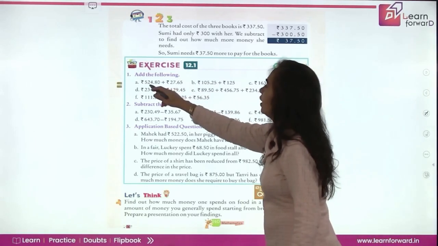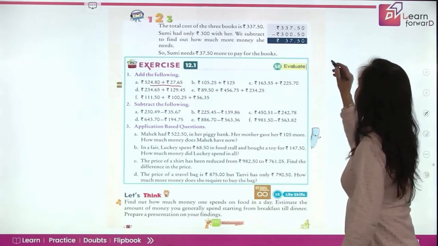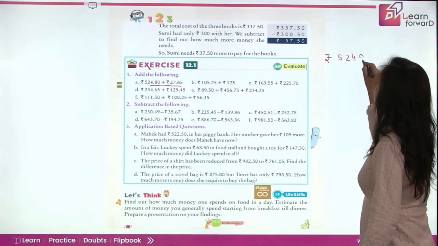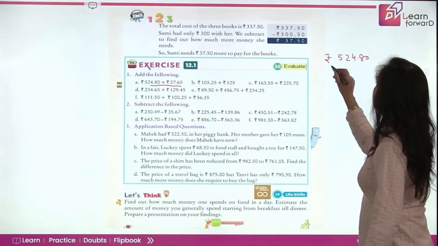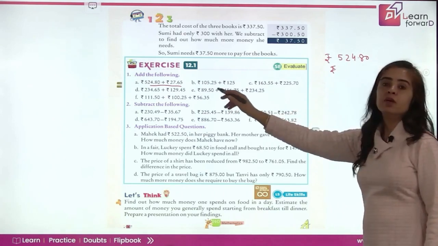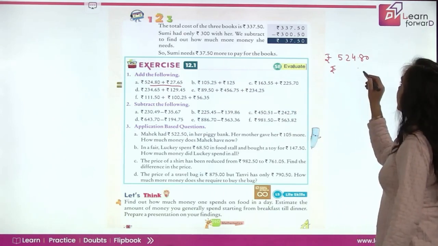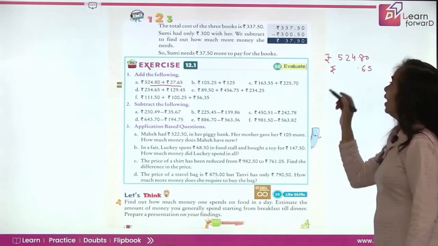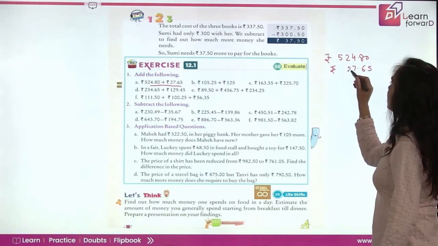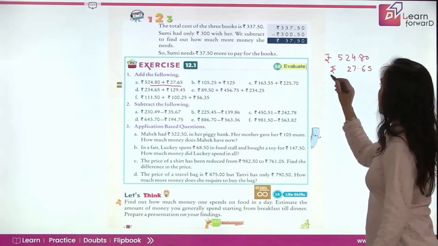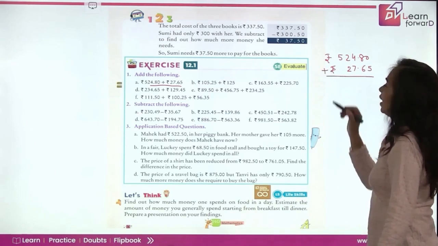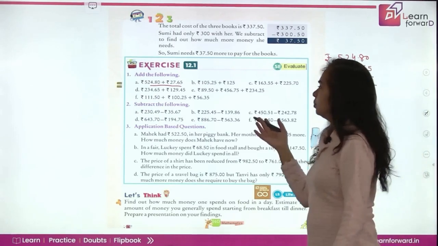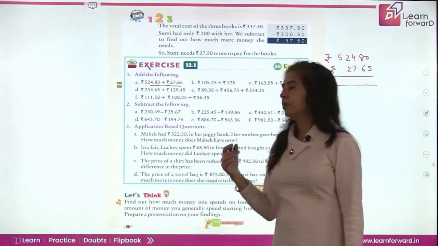So if you have to write this amount, you will write rupees 524.80, rupees, it is 27.65. So I write 0.65 here because point should be just below point, and then write 27 here. You will never go wrong. Now add them, because you have to add, you will put a plus sign and add them as we normally do. Similarly, you will be doing in subtraction.